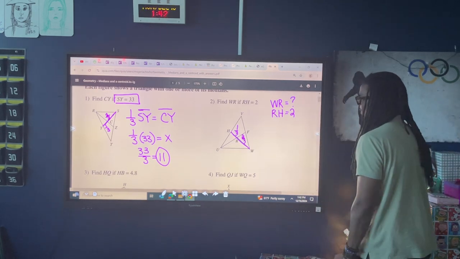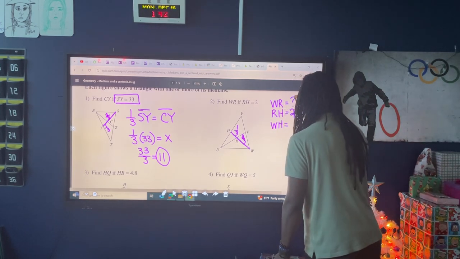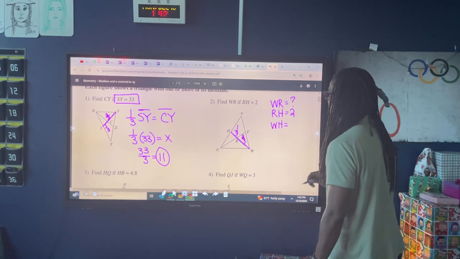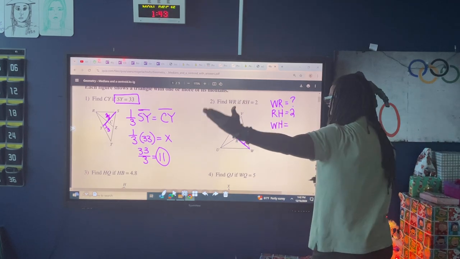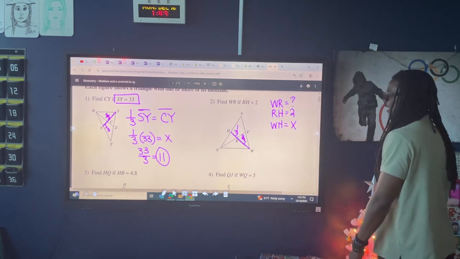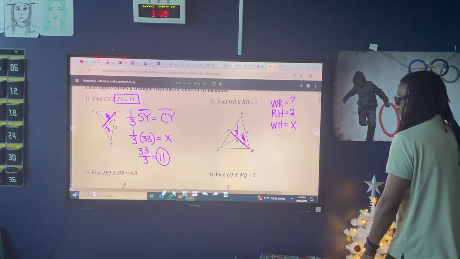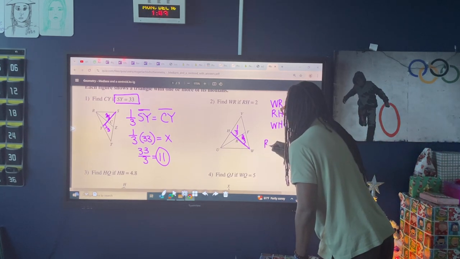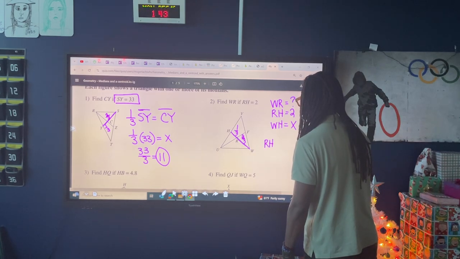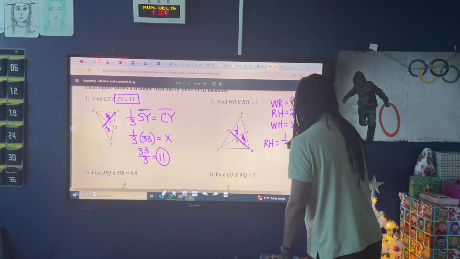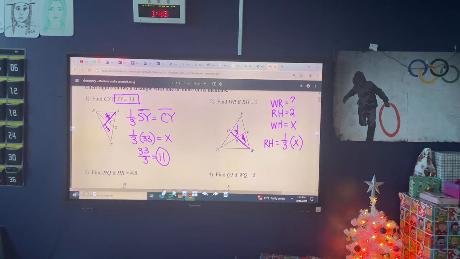RH is 1/3. Do we know what WH is, the entire length? No. If we don't know what it is, we call it X. Looking at the information they gave us, RH equals 1/3 of X. We already have RH.